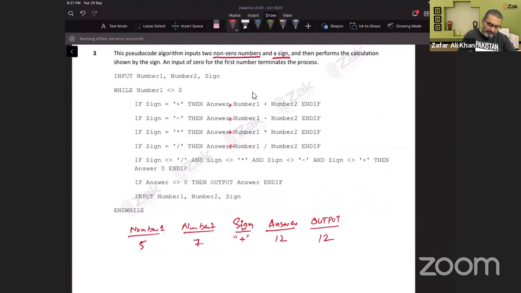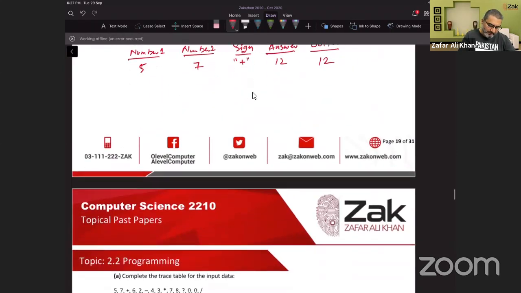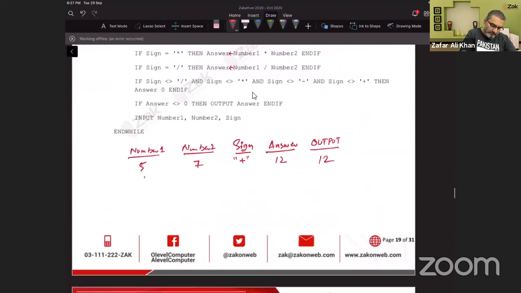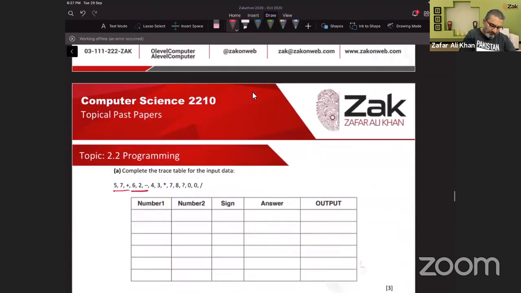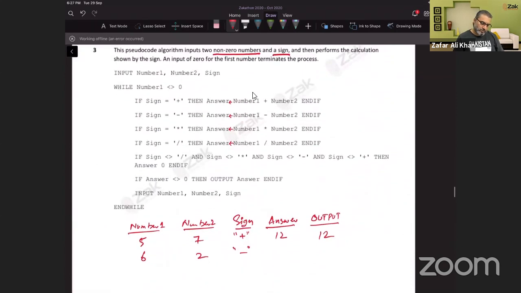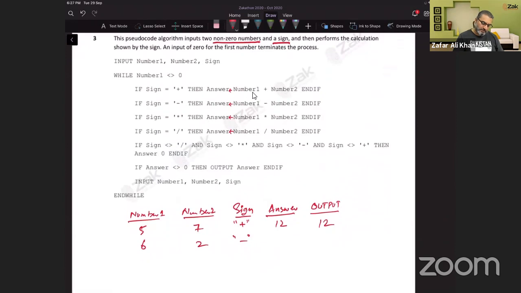Then input number 1, number 2, and sign. So the other one is 6, 2 minus. If sign is equal to minus, then number 1 minus number 2. So answer is 4 and output is 4.